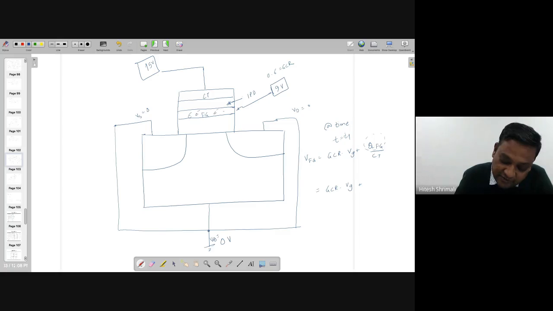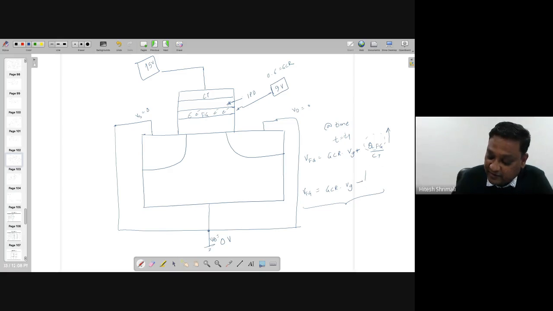Some electrons might be there, so it will increase this voltage, right? And because of that, VFG is actually going in a different direction, right? Because FG is there. By the way, these are the electrons, so the whole term will get reduced, right? So this will be not plus, but it will become minus because of the electrons.